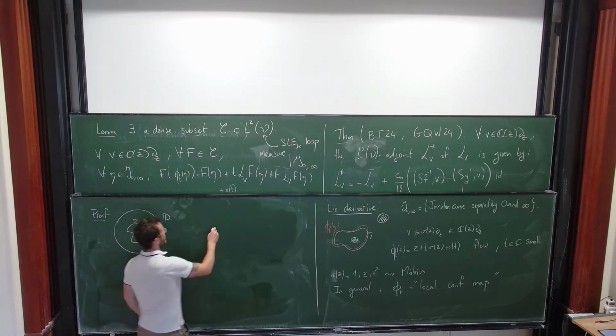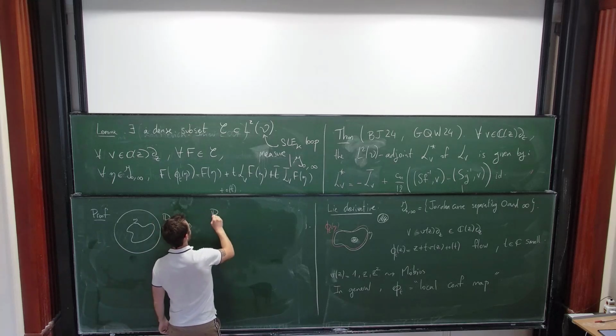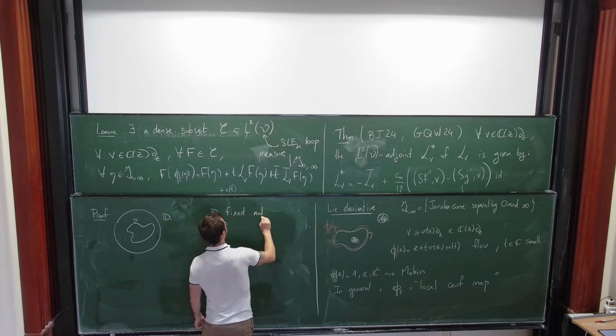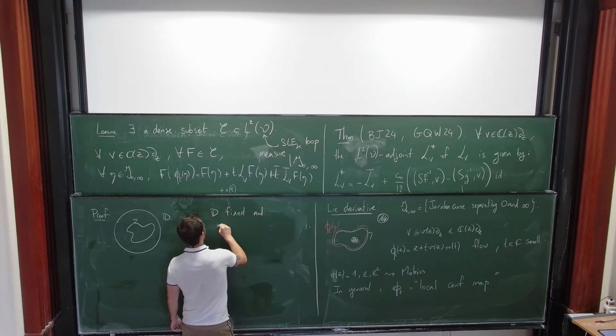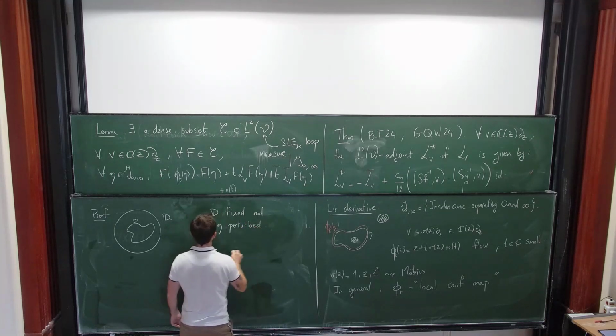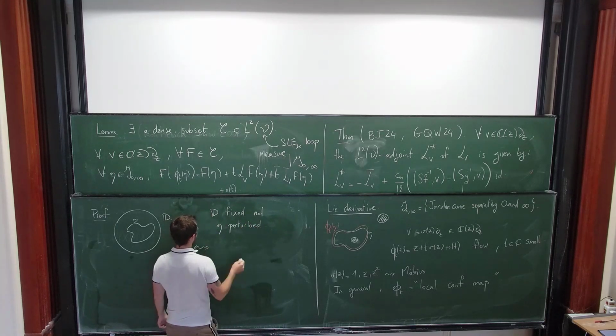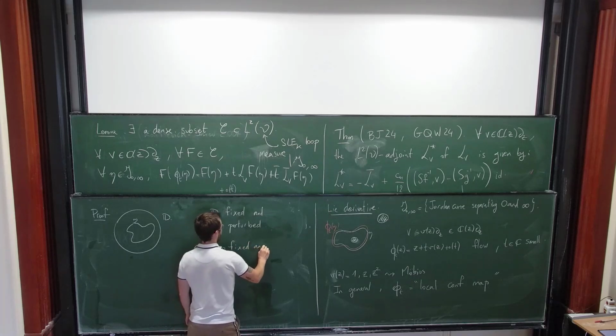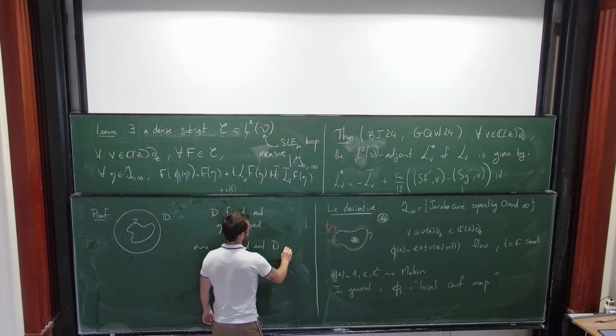So what I'm saying is that D fixed and eta perturbed is roughly the same thing as eta fixed and D perturbed.